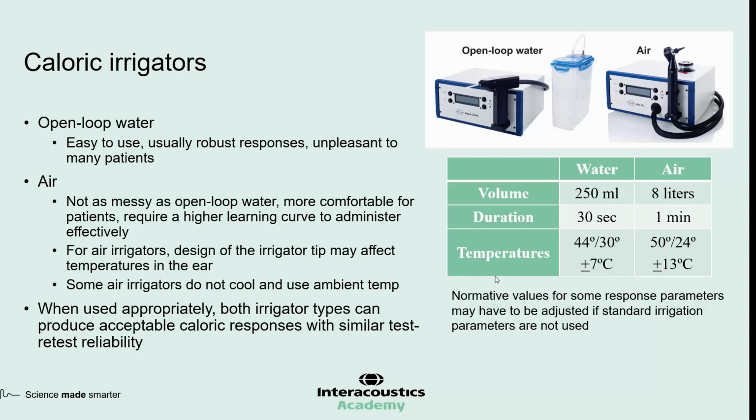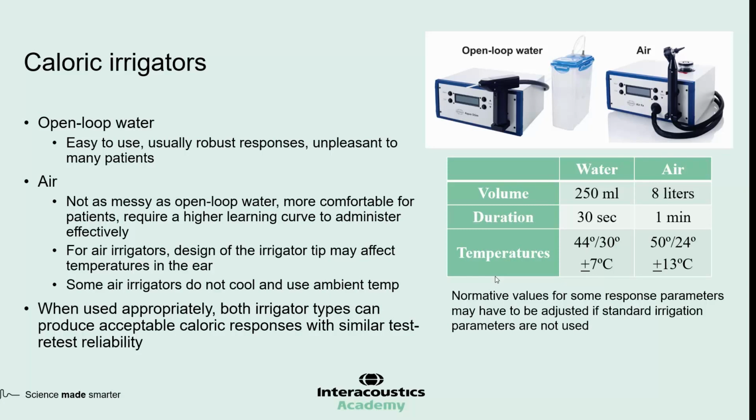There are a number of other things that we need to consider with air irrigators. The design of the irrigator tip may affect the temperatures in the ear. So basically follow the manufacturer's recommendations of how they tell you to do it and what temperatures to use, because they must have gone through the testing to determine exactly what the temperature is in the ear canal.